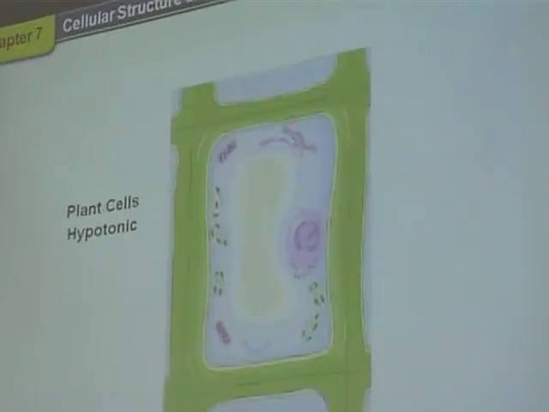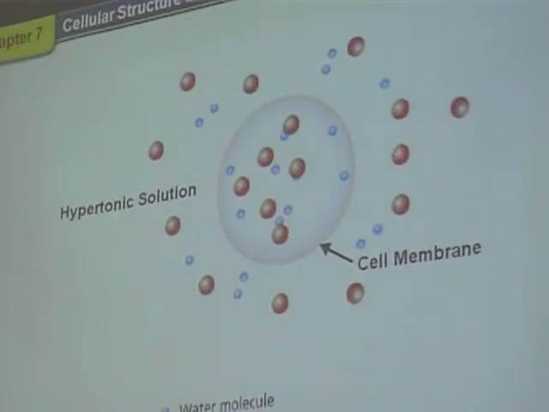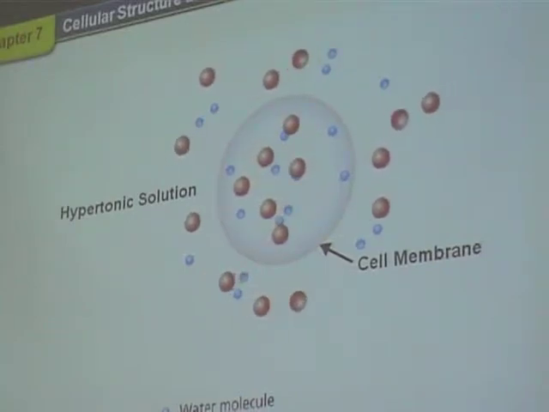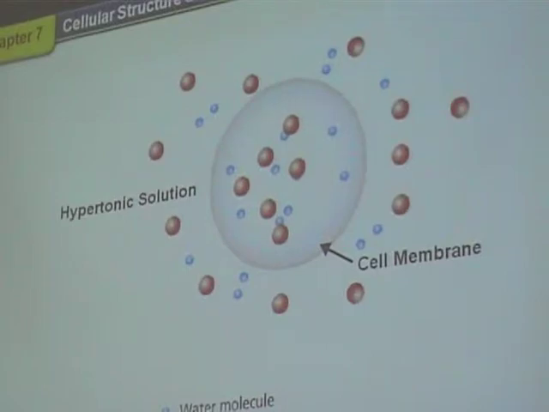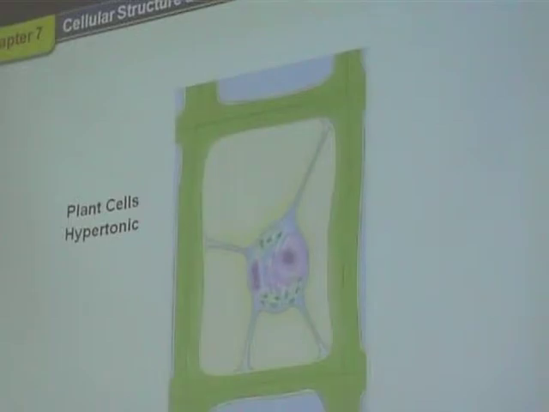In plant cells, the plasma membrane swells and presses against the fairly rigid cell wall, preventing the cell from bursting. In a hypertonic solution, the concentration of dissolved substances is lower inside the cell than the concentration of dissolved substances outside the cell. Water passes through the cell's plasma membrane and exits the cell, causing the cell to shrink. In plant cells, the cell's plasma membrane shrinks and pulls away from the cell wall.